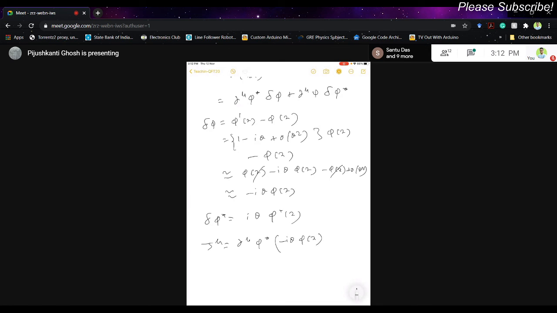My continuity equation is del mu J mu equal to 0. So in the definition of J mu, with some arbitrary constant, it will still be a conserved quantity, right? Say del mu J mu is equal to 0. Then suppose 13 J mu, that will also satisfy the same equation: del mu of 13 J mu is equal to 0.